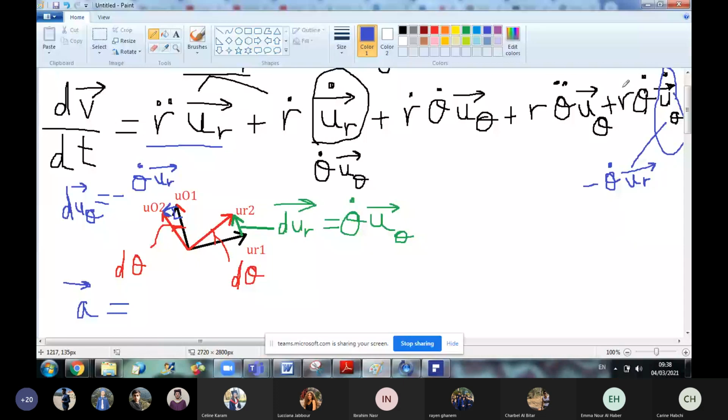So in total, what do I have along UR? I have r dot dot minus r theta dot times theta dot, so minus r theta dot square. This is the radial component of acceleration.